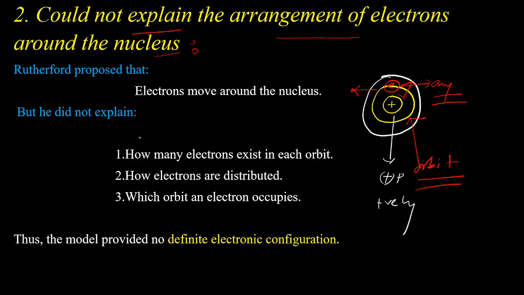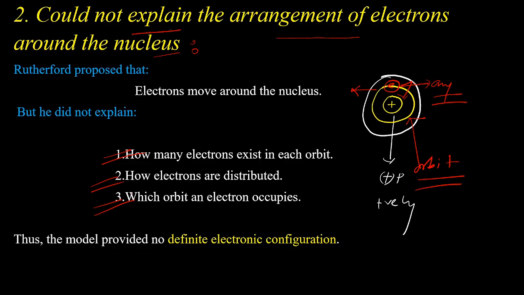So Rutherford's atomic model cannot explain how many electrons exist in each orbit, how electrons are distributed, which orbit an electron occupies. That means it is totally silent about the specifications of the circular paths or about the energy of the electron.